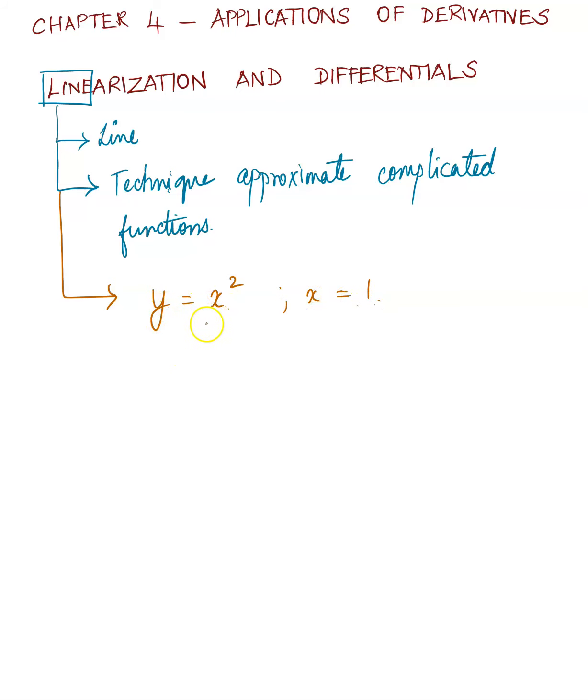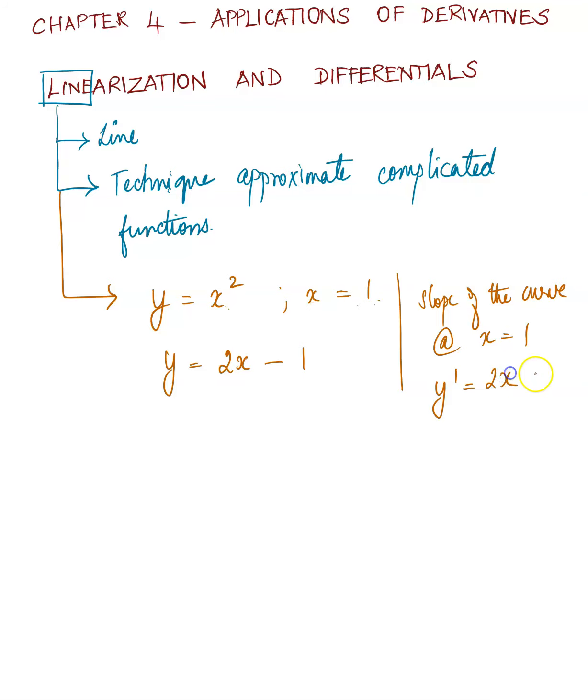And if you took the derivative of this, you know it's 2x, right? So you know that the equation of the tangent line actually is 2x minus 1. So if you use the slope of the curve at x equals 1, the derivative, y prime is 2x, and when x equals 1, that will be 2 times 1, which is 2.